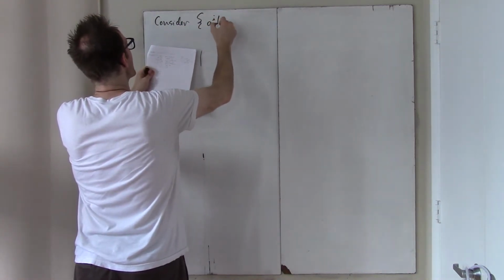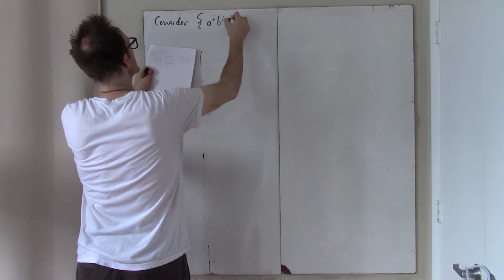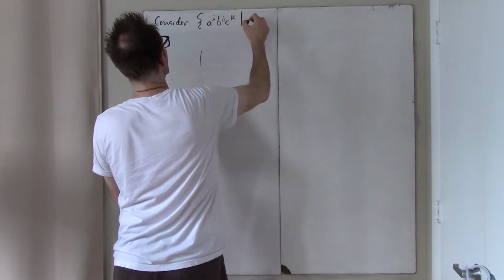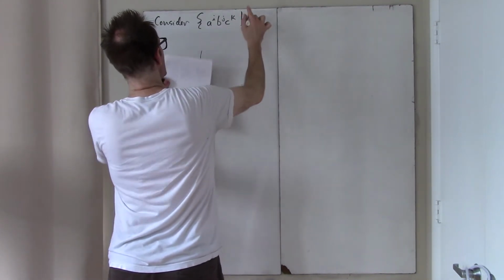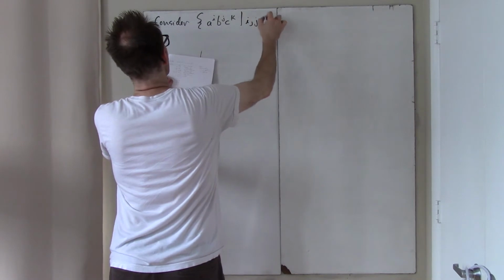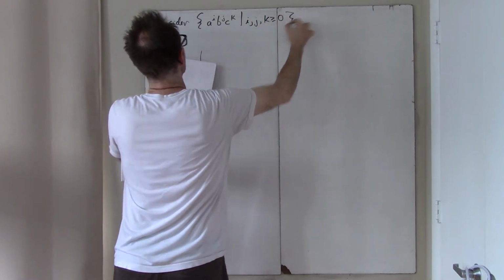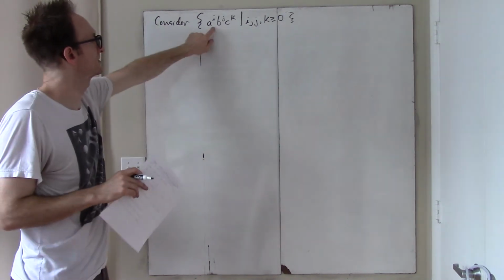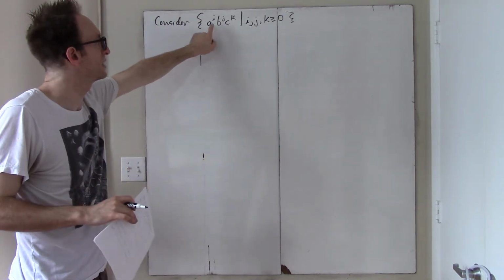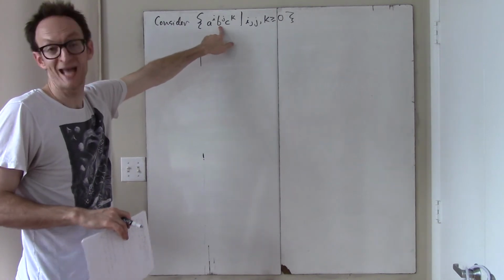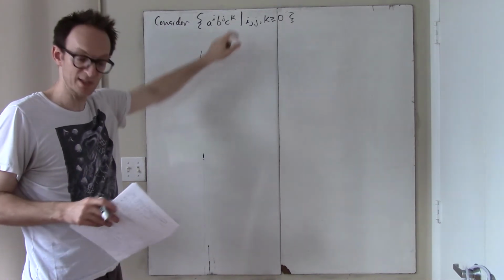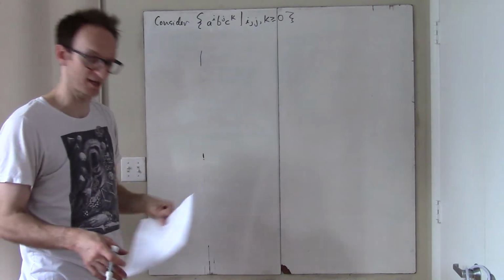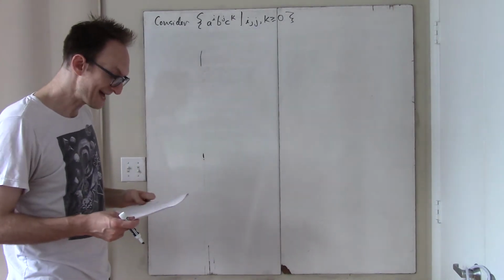A to the I, B to the J, C to the K. And notice we are now using, as we will, our notation that we have just mastered for expressing powers of characters. So this is to be interpreted as some number of A's concatenated with some number of B's concatenated with some number of C's. And I, J, and K have basically no restrictions. They can be 0 or not.